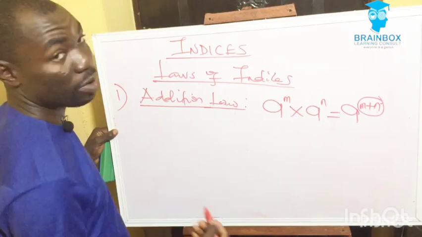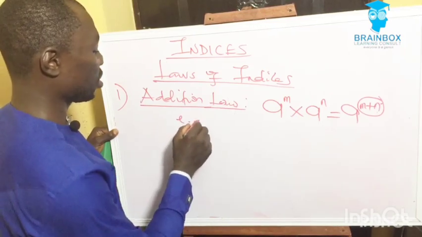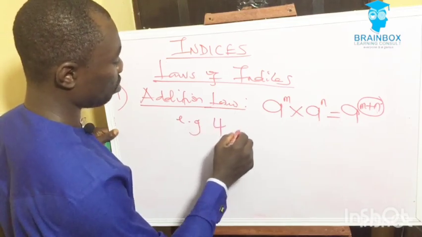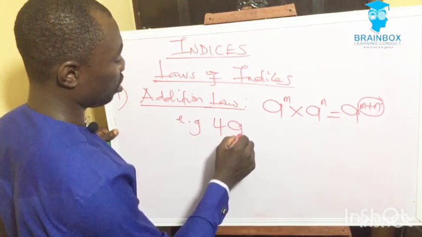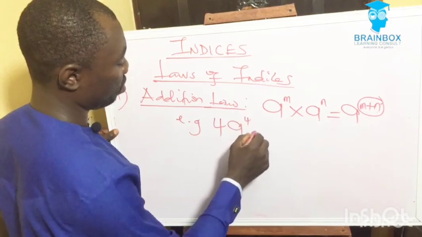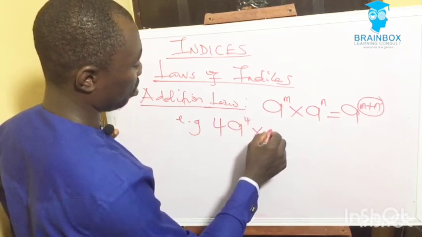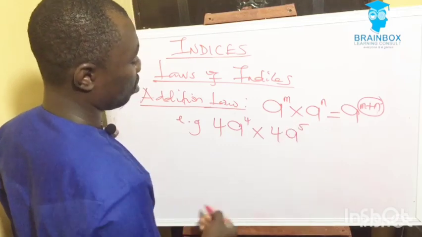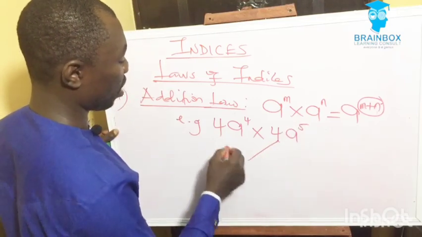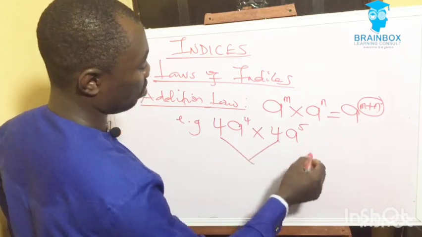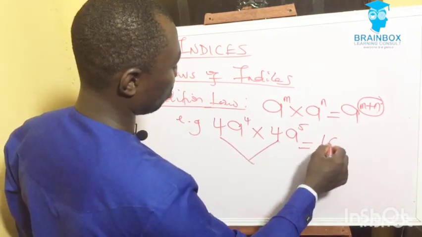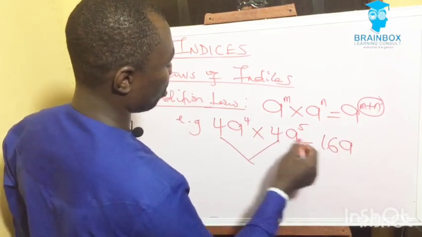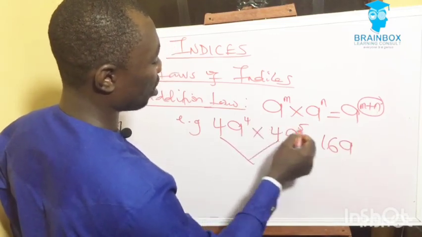Or we can pick one example there. For instance, you have 4a raised to the power of 4 times 4a raised to the power of 5. What you do is multiply the 4 and 4. That will be 16. These two, they are the same, so you pick one and you add the power.